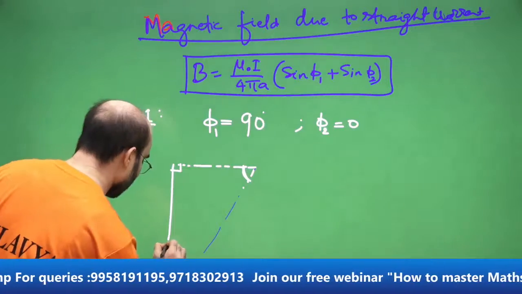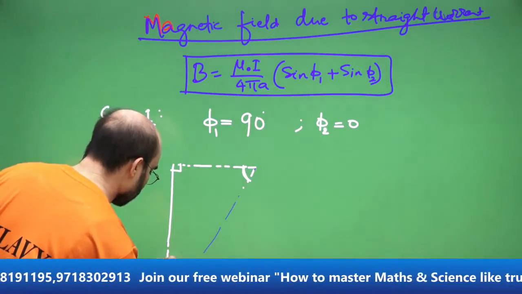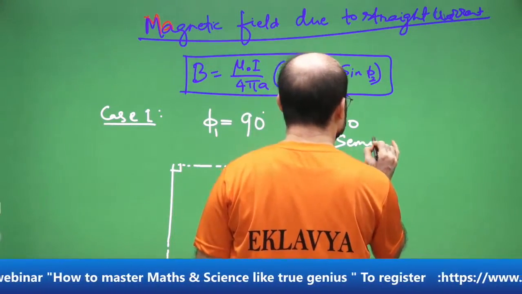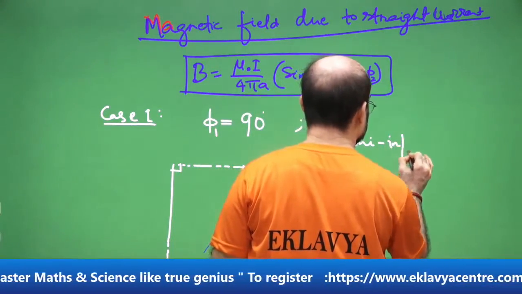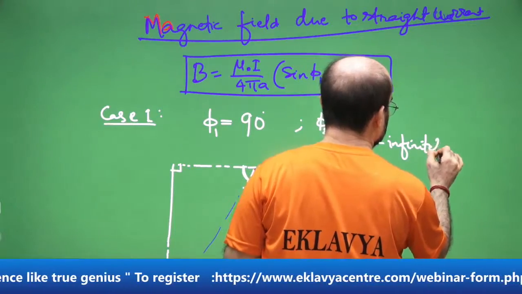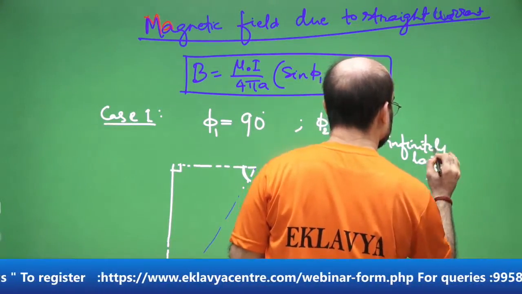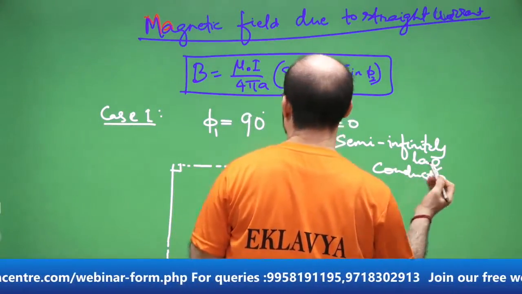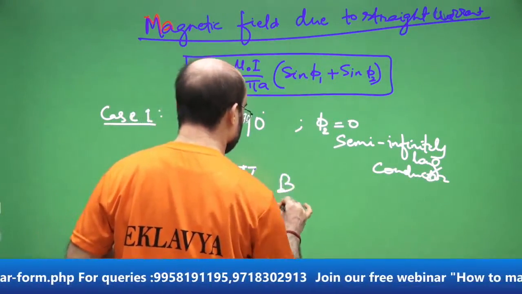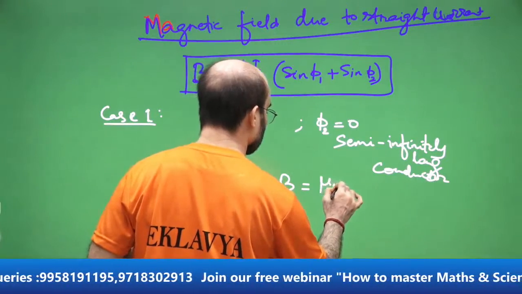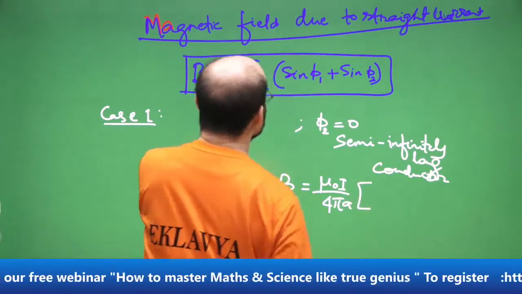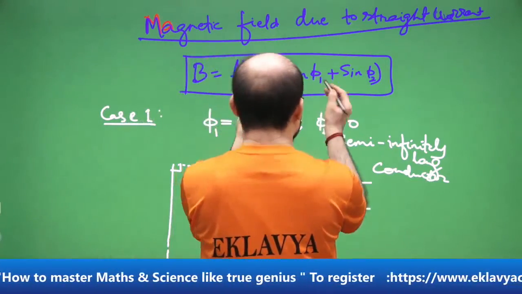This is semi, we call it semi-infinite, for a semi-infinitely long conductor. Put this value here. B is going to be mu naught I upon 4 pi A into sine phi 1, which is 90 degrees.